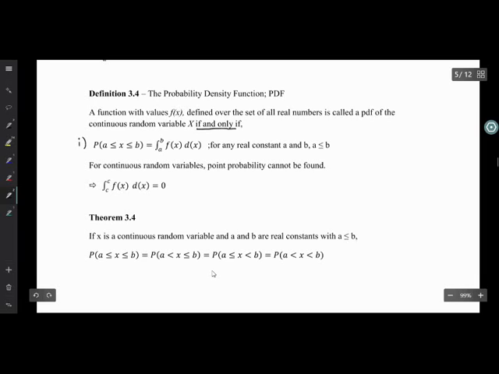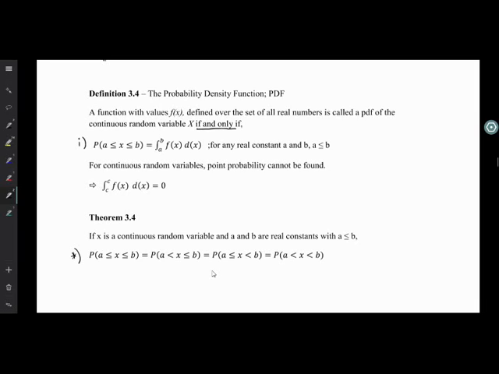And here's the important thing that relates to the point probability. If you find the probability from a to b including a and b, or without including a, or without including b, or without including both a and b, still they are the same. The reason is the point probability is 0. Again, you have to be very careful. This is not true for discrete cases. When it is a PMF for a discrete random variable X, these four probabilities are different.